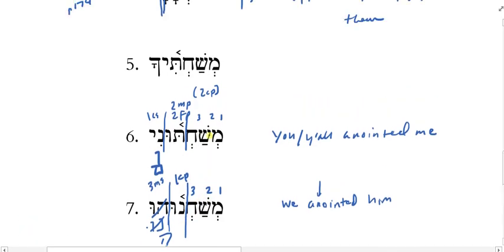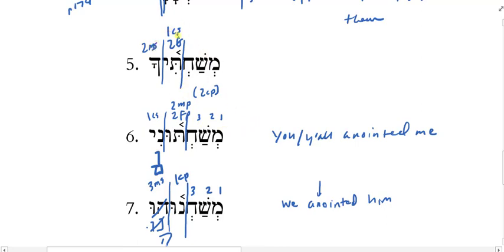Okay, great. So mashachticha. So there's mashach again. T, ka. All right? Personal ending T could be what? 1CS. That would be the most obvious. But is there another option here? There is. What else could it be? 2FS. Okay? And then ka is 2MS. So who's doing this?